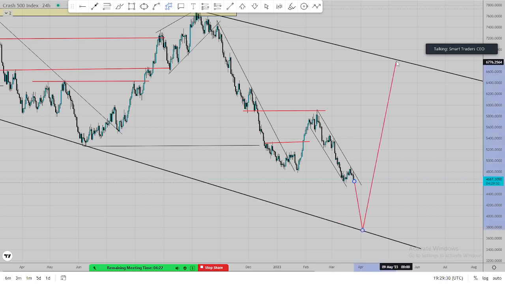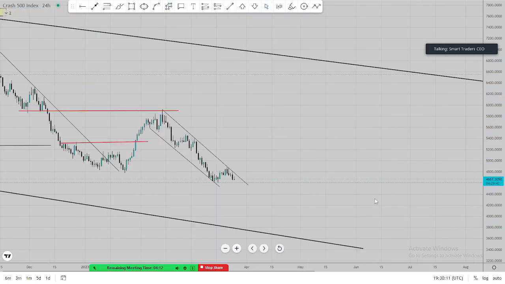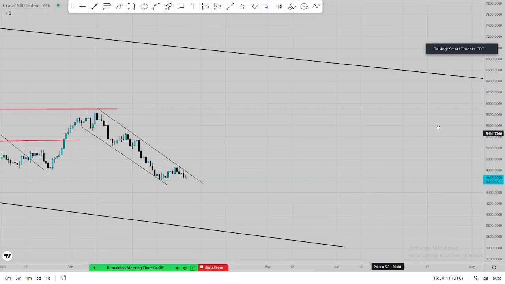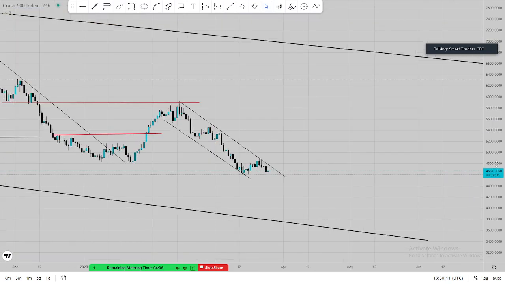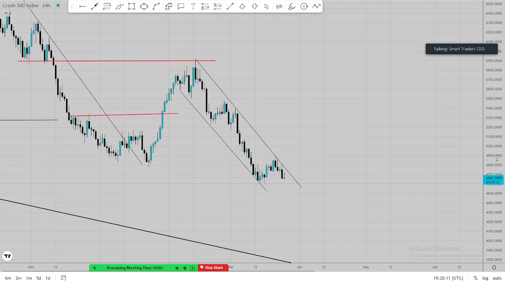But if it doesn't come down, if we zoom in now, this is the current channel that is going to determine the entries for Crash 500.